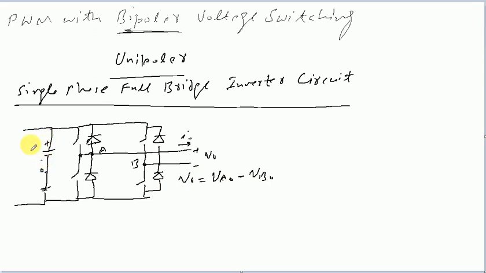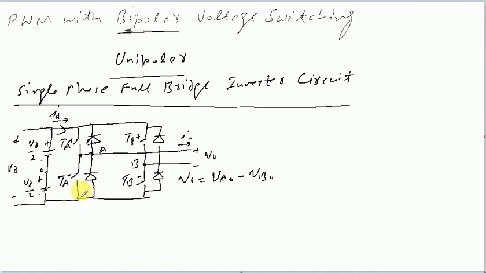Here we have a high value capacitor, so that the input voltage is equally distributed across these two capacitors. This is the input voltage, and this is the input current. We quickly label these switches: TA plus and TA minus.